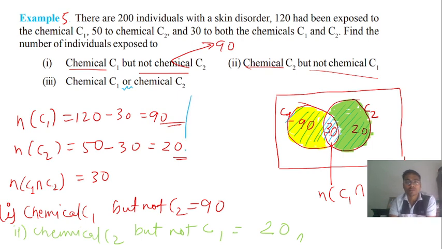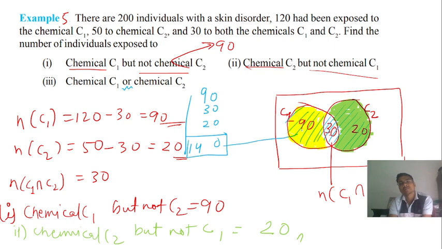So we just add all three numbers: 90 plus 30 plus 20. So there are 140 patients exposed to C1 or C2. Here we get 140, and here we get only 20.